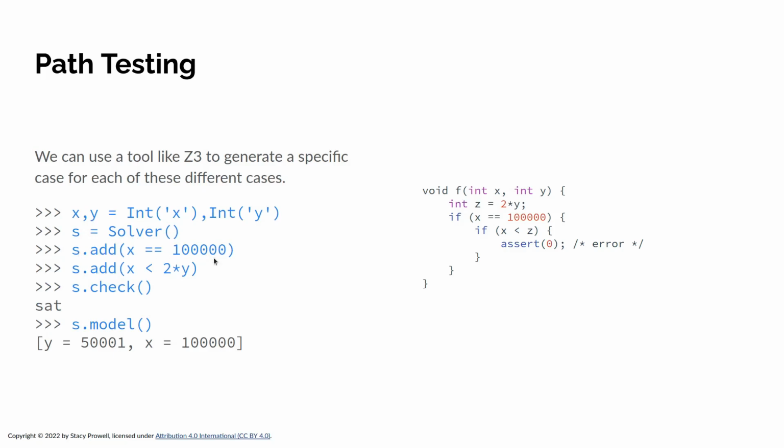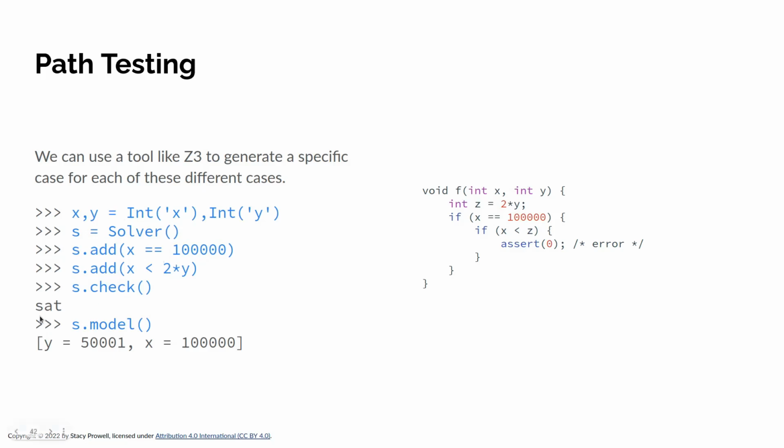I say that X has to be 100,000. And I say that X has to be less than 2 times Y, right? Why not Z? I could have used Z. I could have said, there's an int Z. Z is equal to 2 times Y. I have to add that as a condition. And then I would wind up with this. Either way, I'd wind up with the same expression. This is just a little shorter.